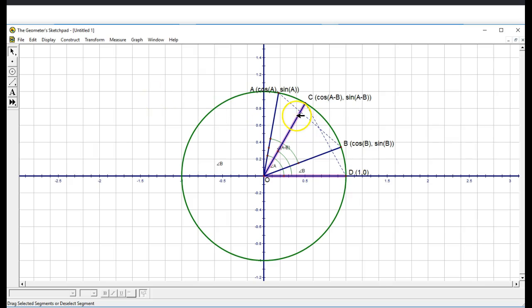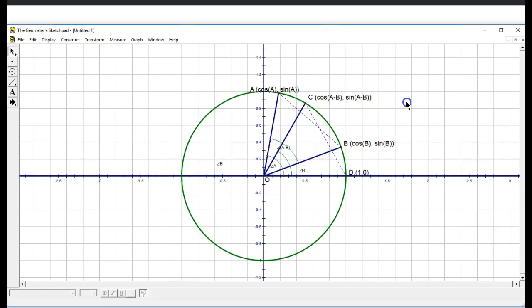In fact, it is. And so we can say that triangle AOD is congruent to triangle COD because we have the same angle, and they are isosceles triangles with the same side lengths.